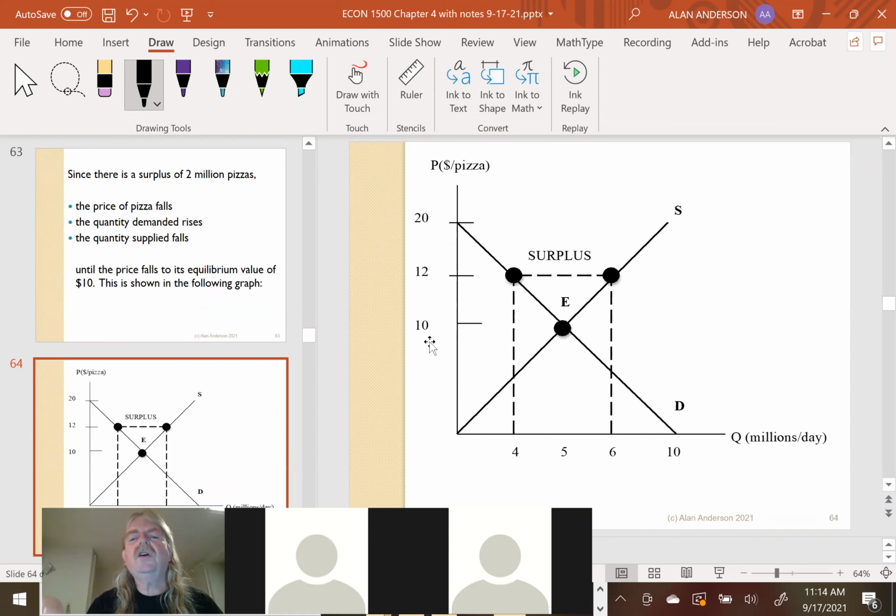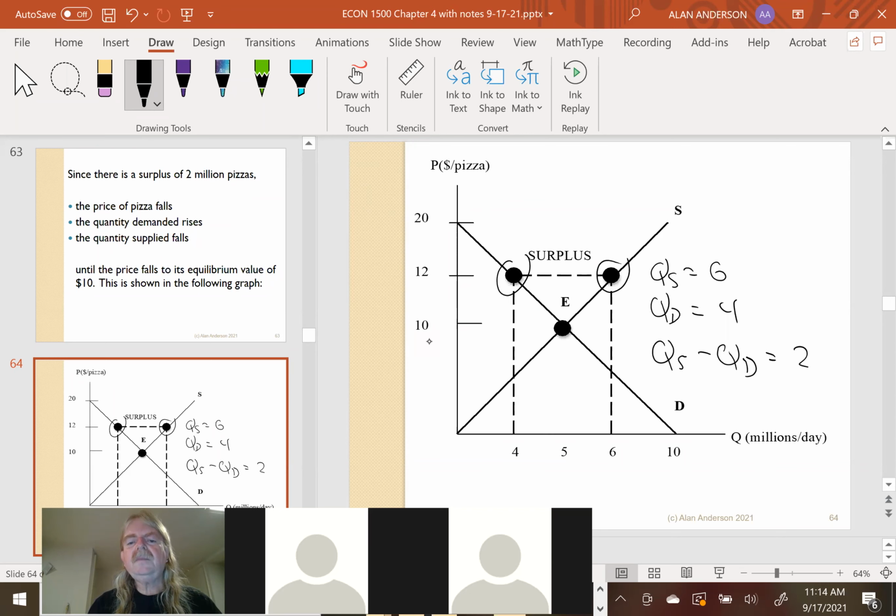If the price is 12 for the pizzas, the quantity supplied here is 6. The quantity demanded is only 4. And so the quantity supplied minus the quantity demanded is 2. So you have a surplus of 2 million pizzas.